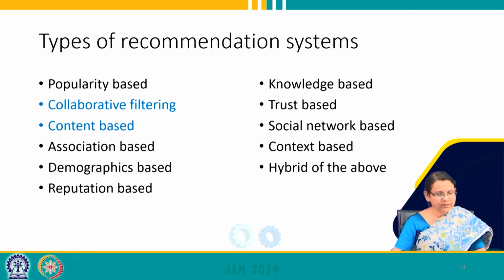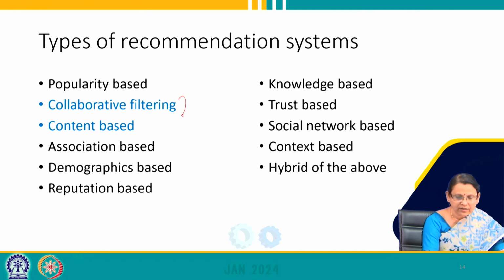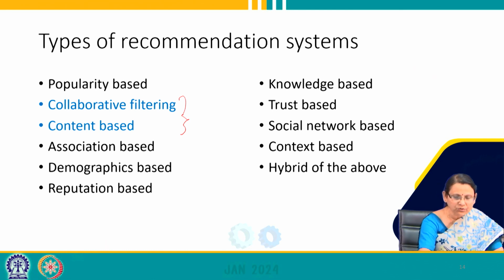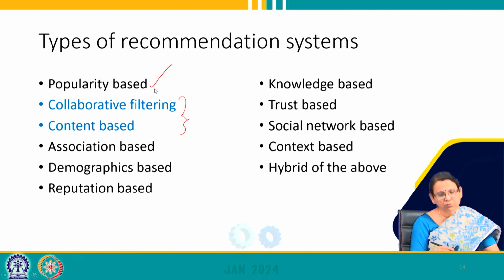So, if we look at various types of recommendation systems, as I told you, there are two basic types, collaborative filtering and content based. Besides that, there is one recommender system which you might have seen very frequently, which is popularity based. Most of the e-commerce sites or streaming services will be giving you the popular items which are now hot in the market.